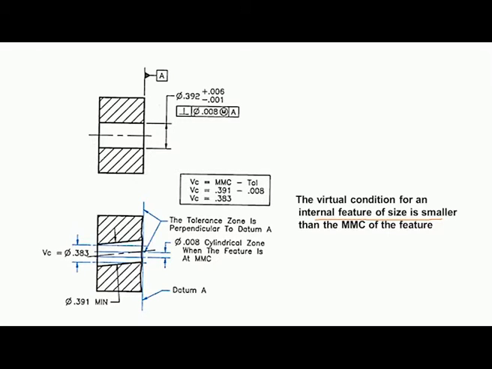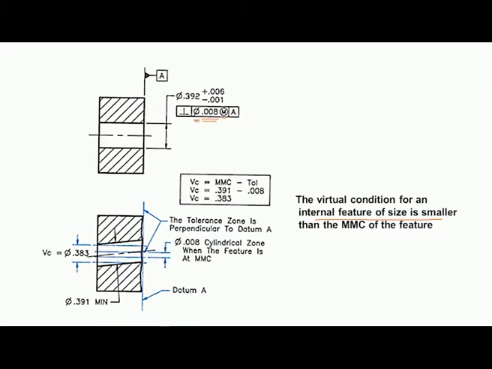So, this is the reference datum for which the axis should be perpendicular to this within this 0.008 tolerance at the maximum material condition, and since diameter is there and perpendicularity tolerance is given to the axis, we have to consider a cylindrical zone, and again for the hole the size tolerance is given.